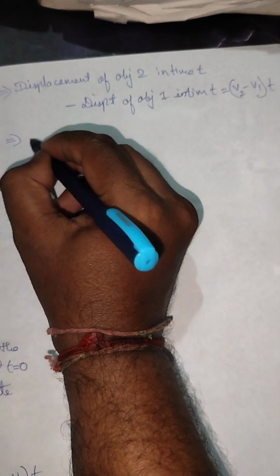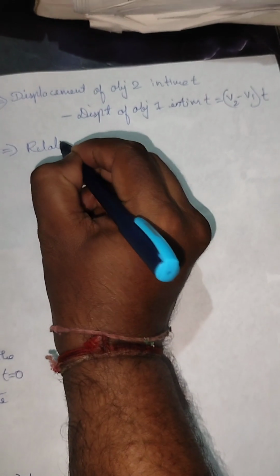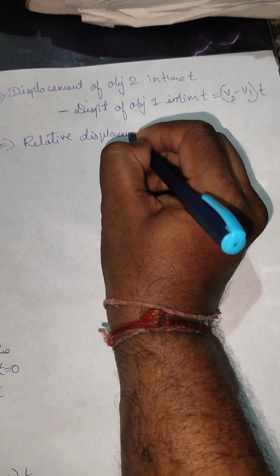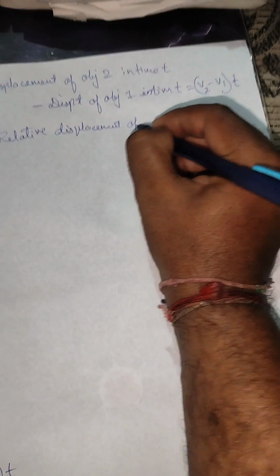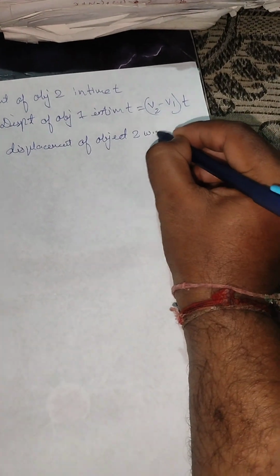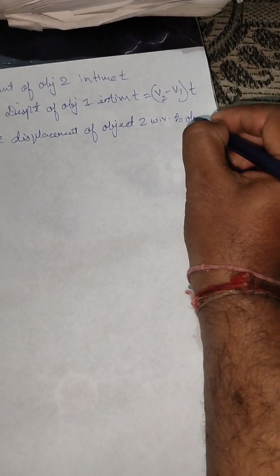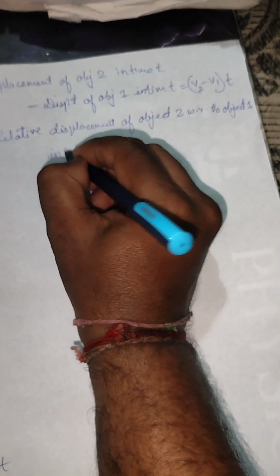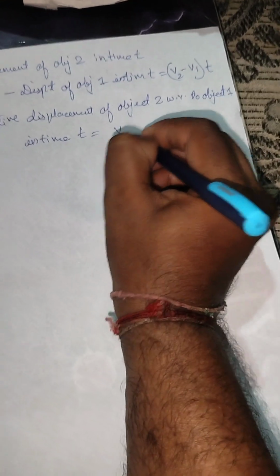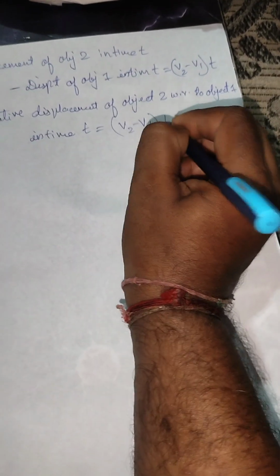We can also write this in a different form: the relative displacement of object 2 with respect to object 1 in time t is equal to v2 minus v1 into t.